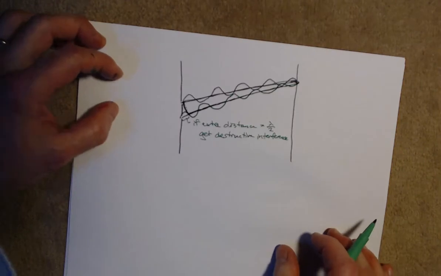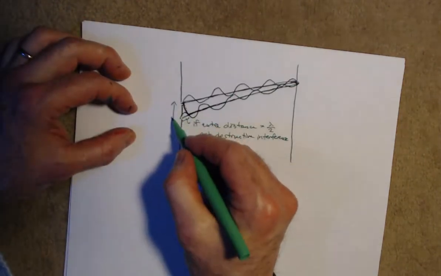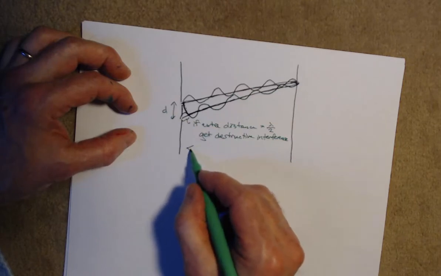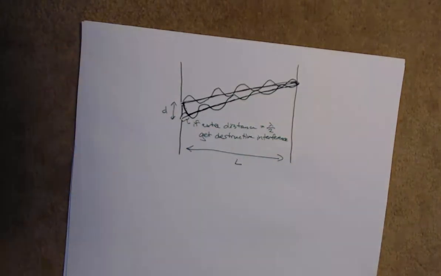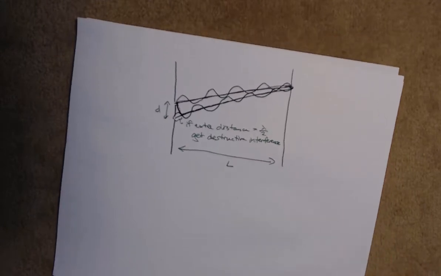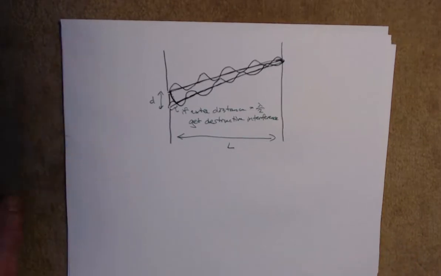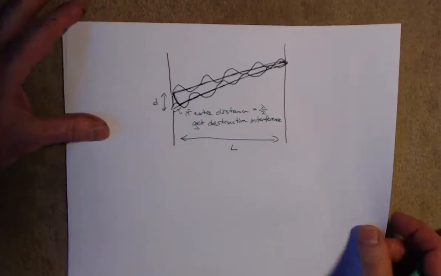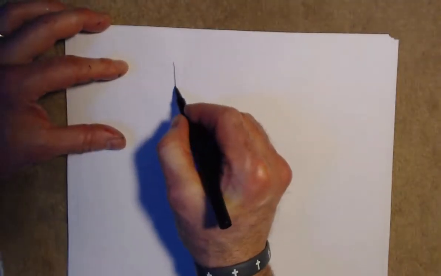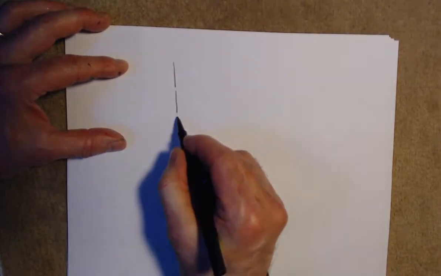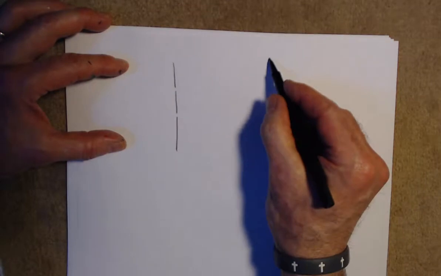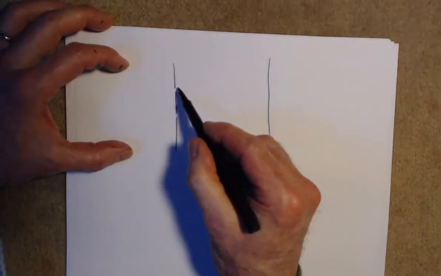So to analyze this a little bit more quantitatively, we're going to take advantage of the fact that the spacing between the slits D is much smaller than the distance to the screen L. In that limit, we are going to approximate the path length difference using a triangle. So let me draw a fresh picture. Here's our barrier. Here is the observation screen.